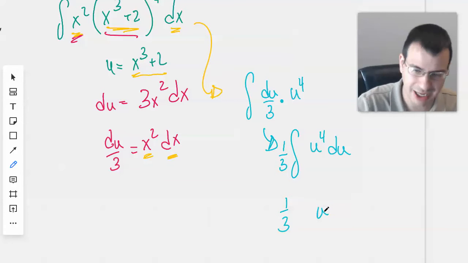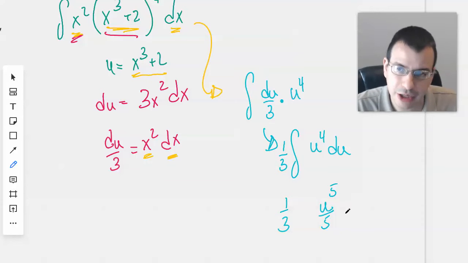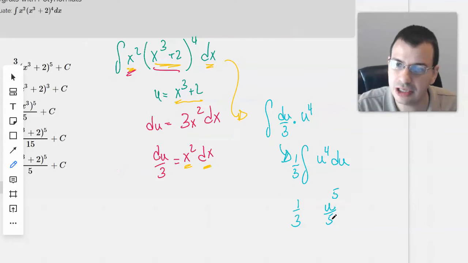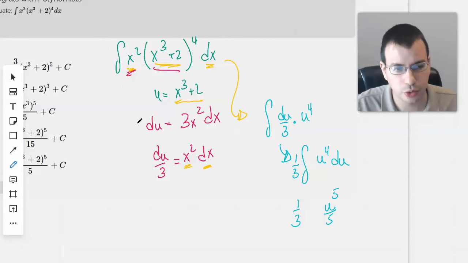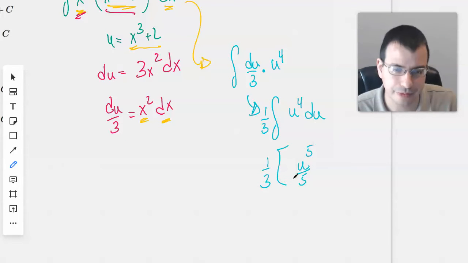So it'll be u to the 5th over 5, plus c. There are no limits of integration here, so we don't have to worry about converting the limits of integration, which I usually try to avoid anyway.